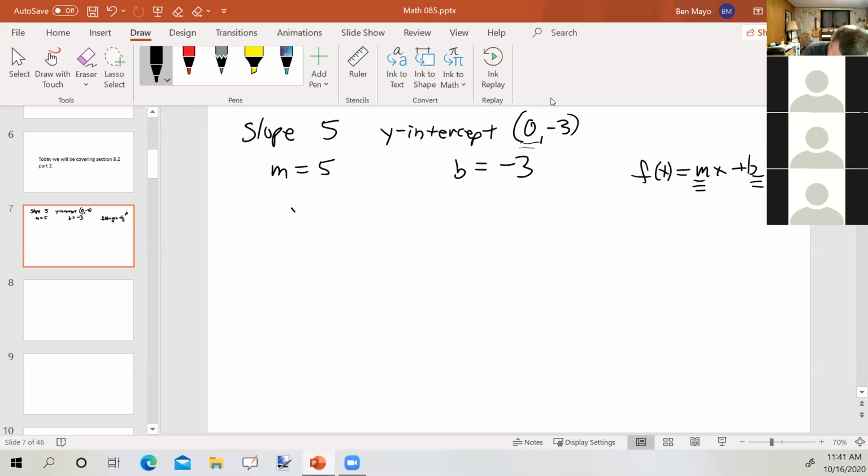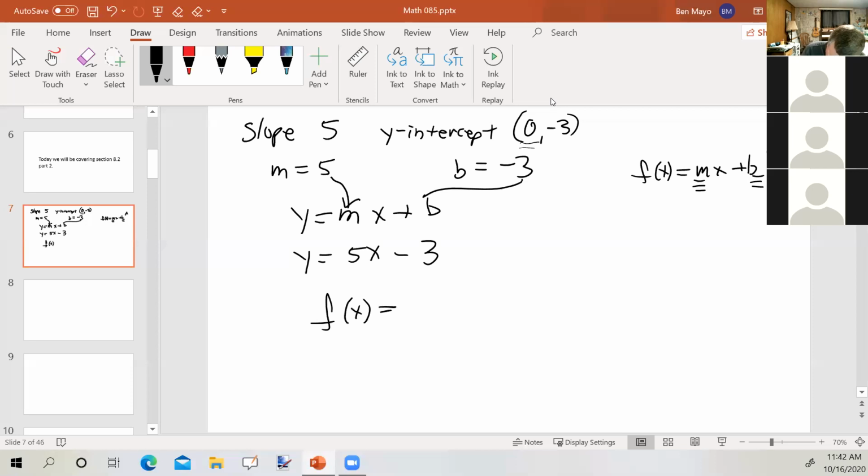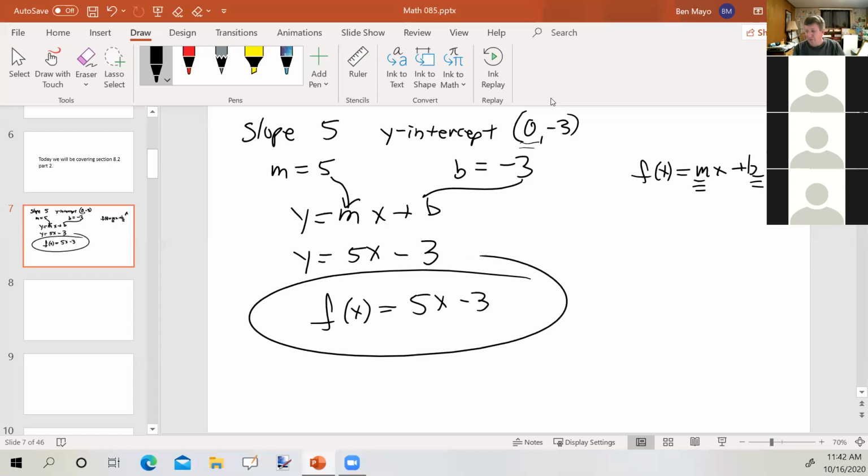So now using y equals mx plus b, the 5 goes in the place of m, y equals 5x, and the -3 goes in the place of b, so y equals 5x minus 3. All that's done is to use function notation. So f of x equals 5x minus 3 would be the final answer. Any questions about that?